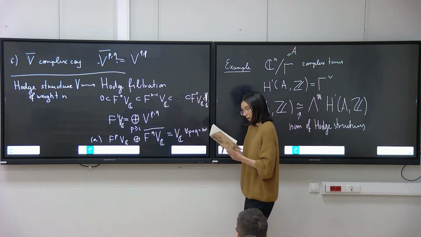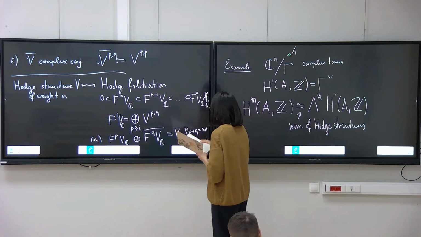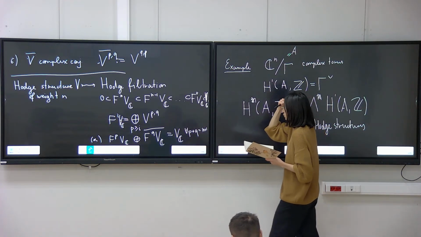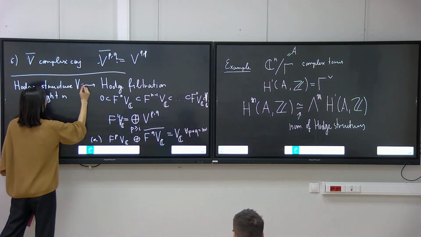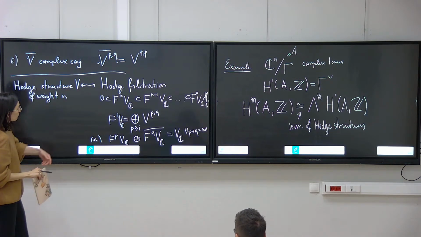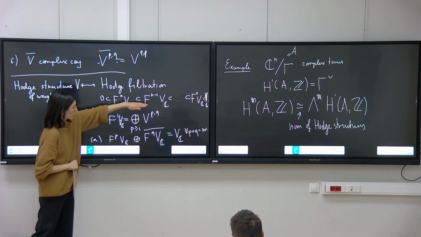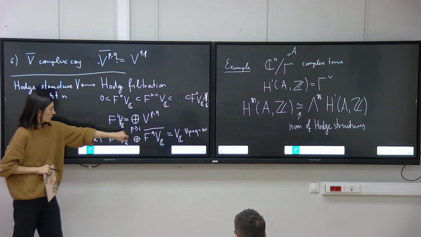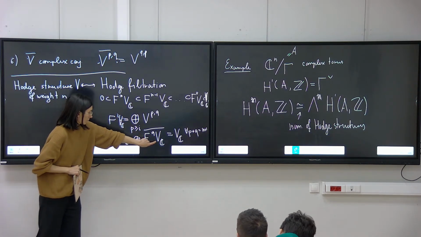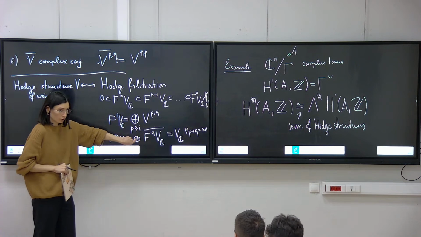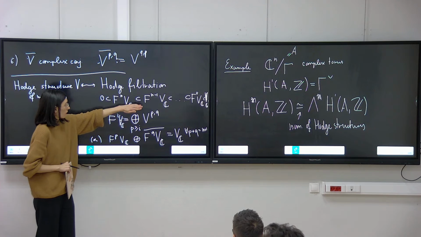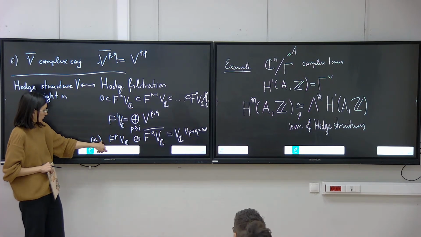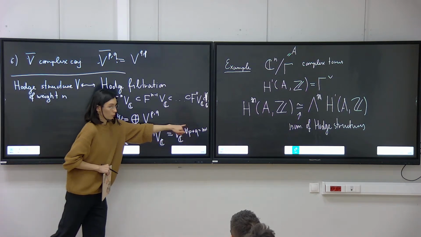Okay, and in fact here we have a bijection. I mean that if we have a filtration on a complex vector space with real structure, that is, on this vector space we can define conjugation. So suppose we have a complex vector space with conjugation, with a filtration that has the following property.